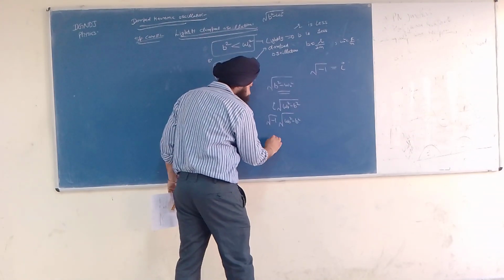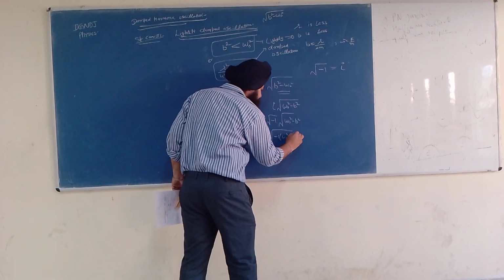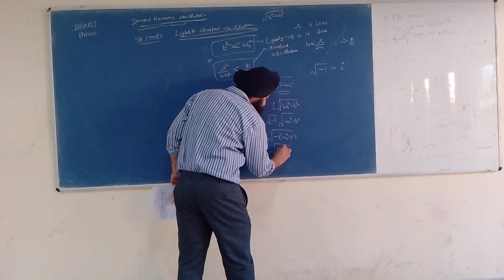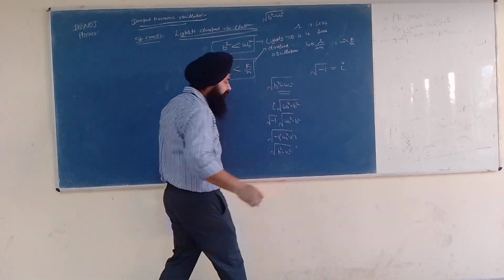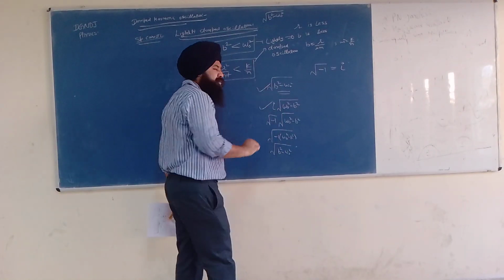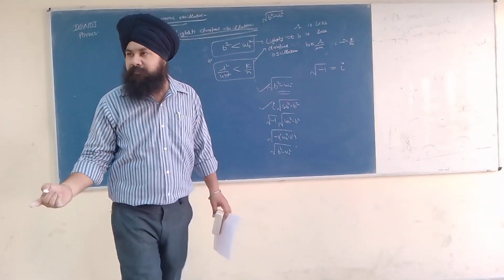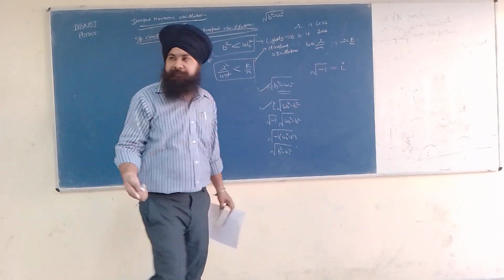Multiplying the minus 1 in gives B square minus omega naught square, so it hardly makes any difference. We can say both terms are the same.